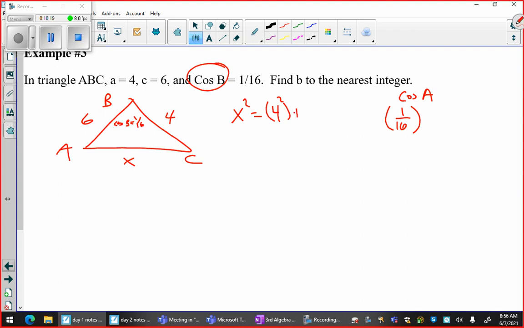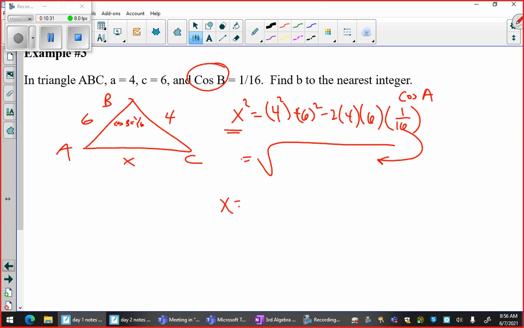4 squared plus 6 squared minus 2 times 4 times 6. Again, variables there. Plug it all in. Take the square root of that. No, you're just going to put in 1/16, or you can put in cosine of 86.5416 degrees.